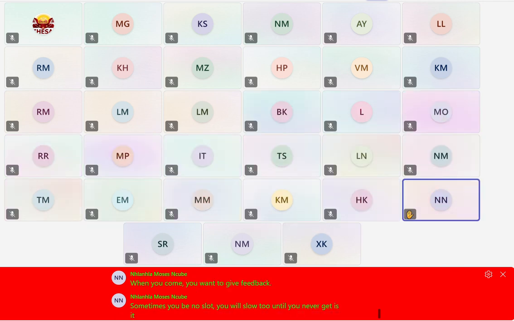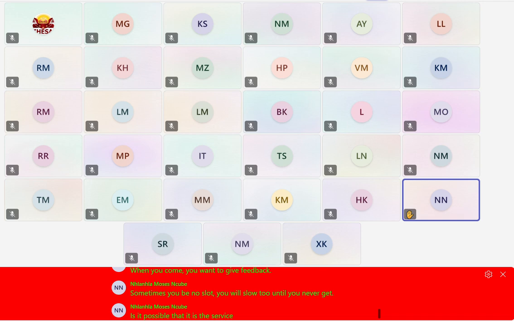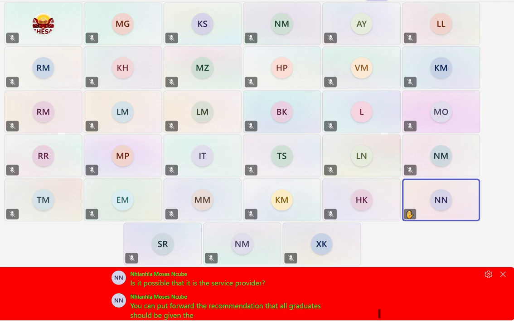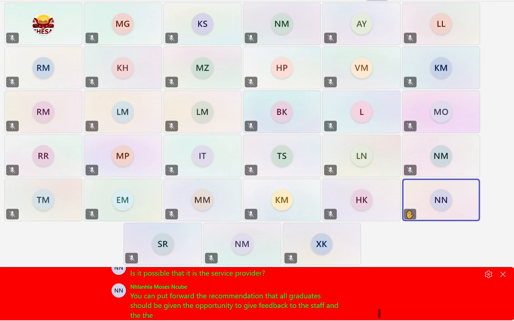Is it possible that, as the service provider, you can put forward a recommendation that all graduates should be given the opportunity to give feedback to the staff and the management, so that this will become meaningful?